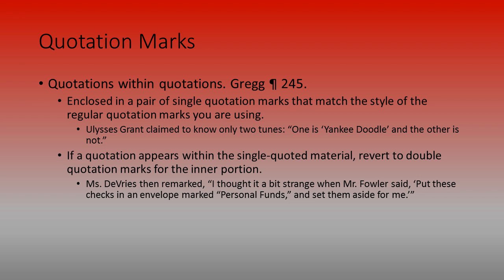So you would go double for the entire quote, single for the subquote, double for the quote within the subquote, and then end the same way. A proofreading tip is to match up beginning and ending quotation marks. So if I see a quotation mark, I always look to see if it ends, and then go back and proof the language, because sometimes by the time you get to the end, you've forgotten that it was a quotation.